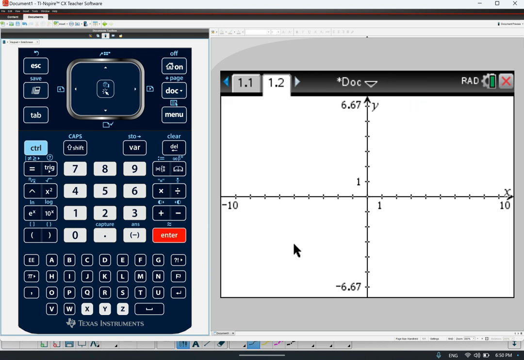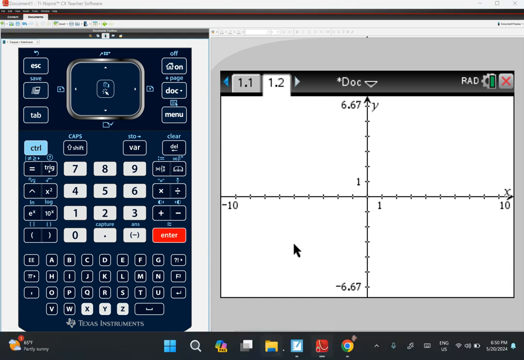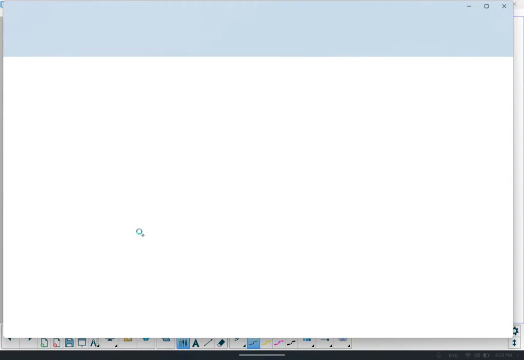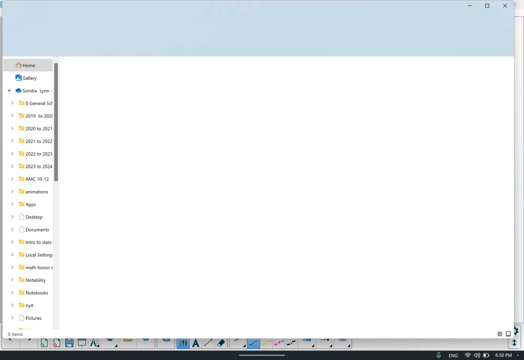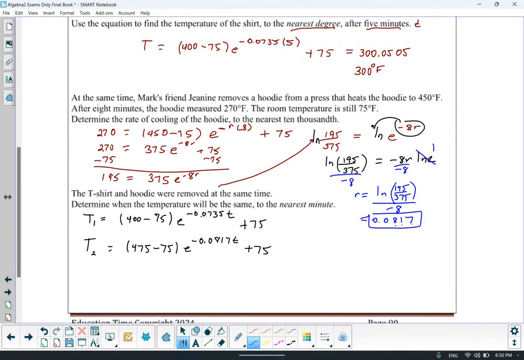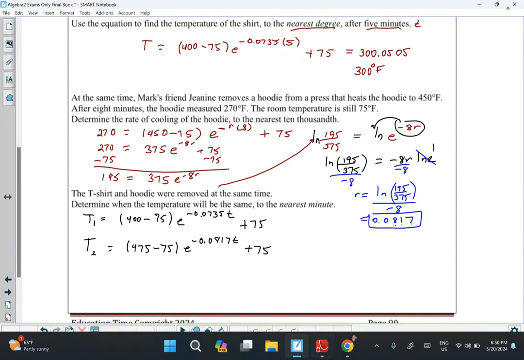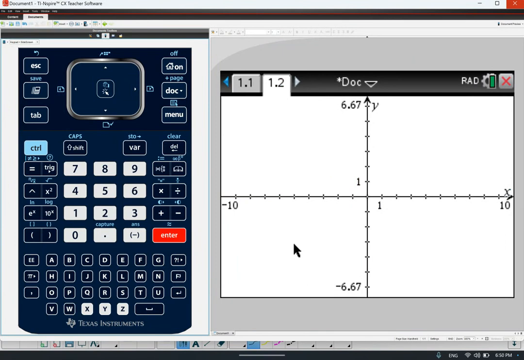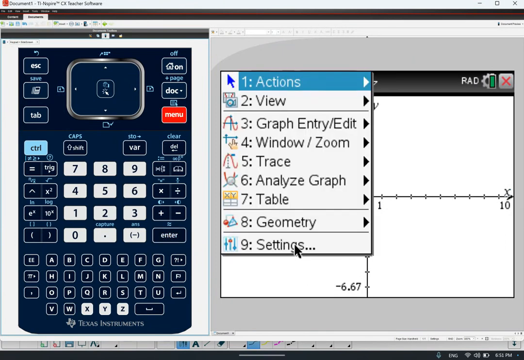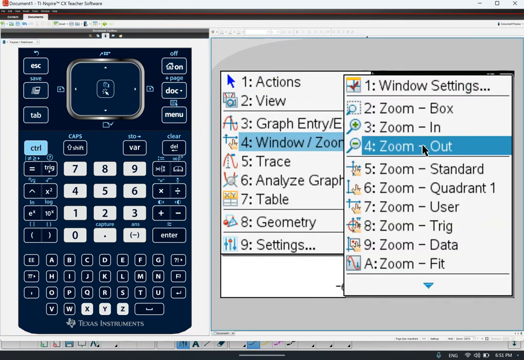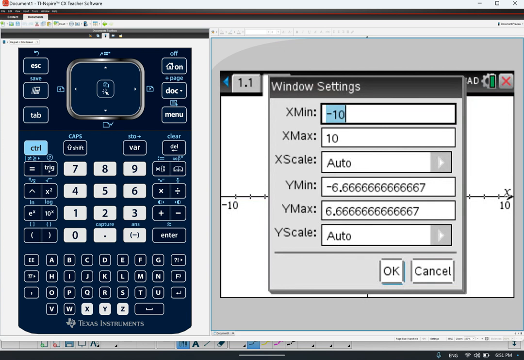Now, the reason why you don't see anything is that notice that there's that high value in front, the 400. Those high values. So you're going to have to change that window. So to change that window, menu, window zoom, and window settings. I'm not quite sure what the X-min and the X-max will be, but you can't have negative time.